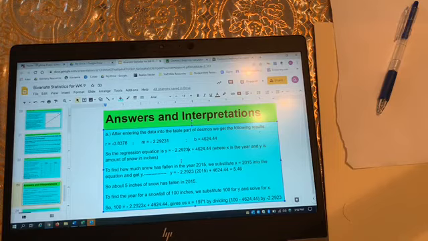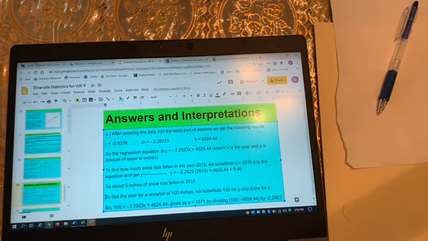So if you want to find how much snow fell in 2015, we put 2015 in for x, and we get about 5 inches of snow in 2015. You see the amount of snow is decreasing every year. To find the year for a snowfall of 100 inches, you replace y with 100 and solve for x.